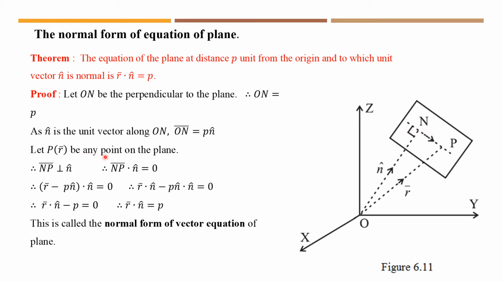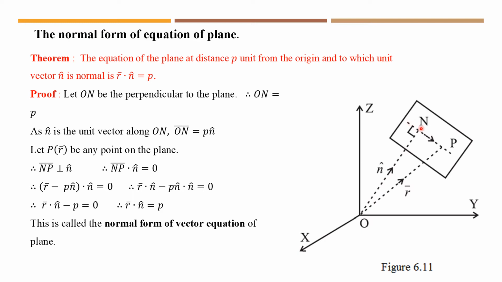Let P of r vector be any point on the plane. Then join NP. This NP segment is on the plane. Here ON is perpendicular to the plane.